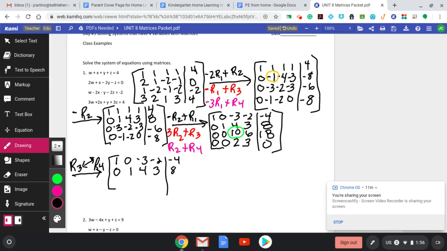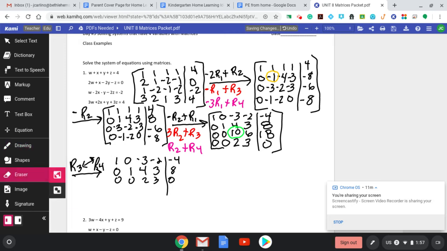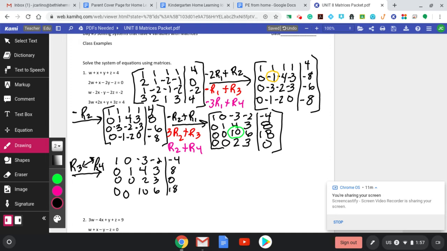Flip them. 0, 0, 2, 3, 0. And then 0, 0, 10, 6, 18.